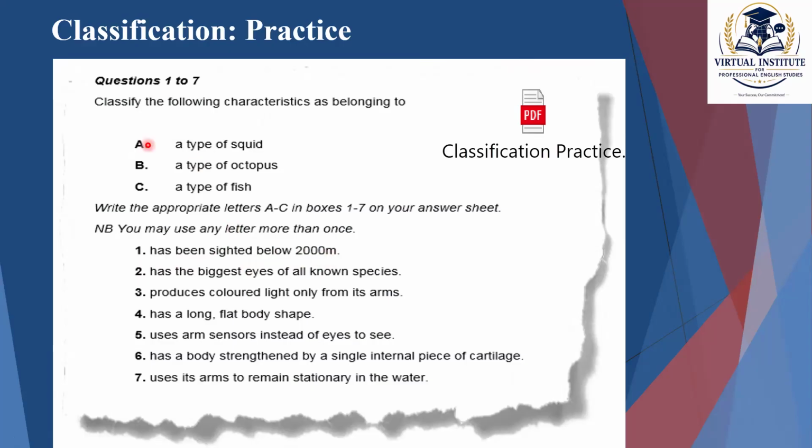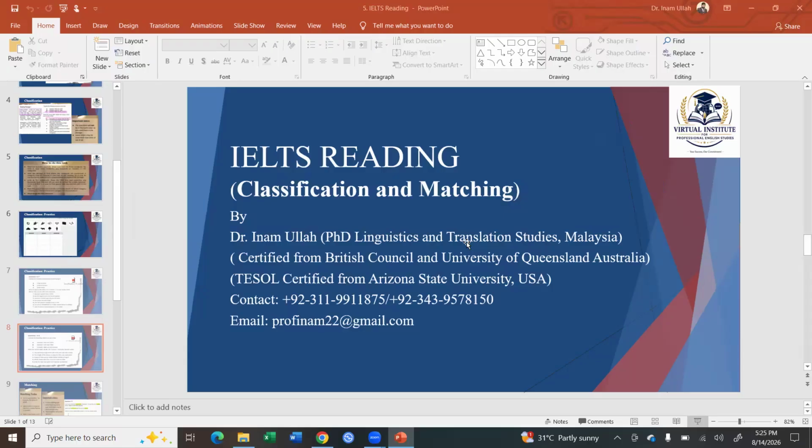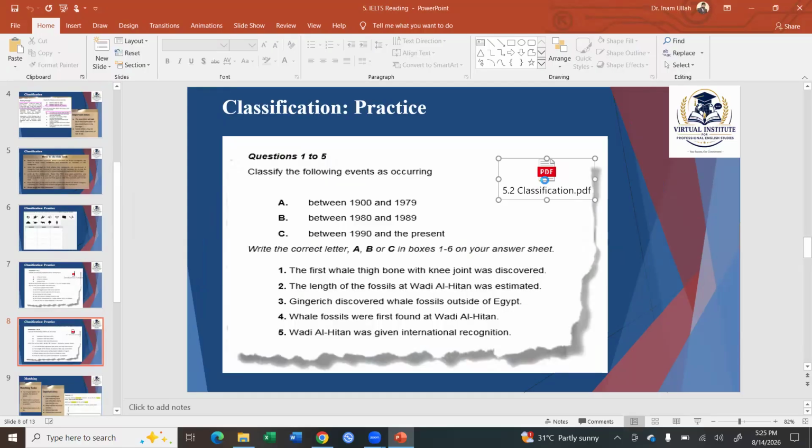No, no, no. We are not talking about them. We will be reading the passage and then trying to find the answer. What I'm asking is, what is the keyword in this question? Sir, 2000 meters. Okay, we need to scan 2000 meters in the passage.